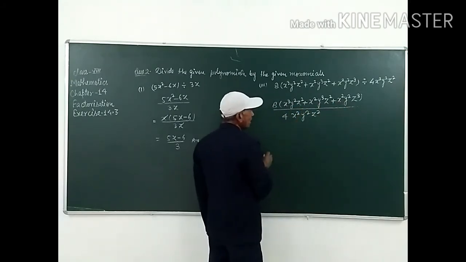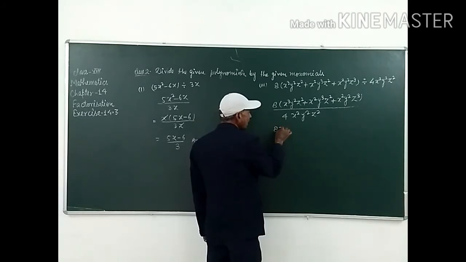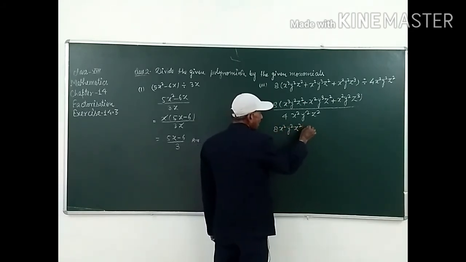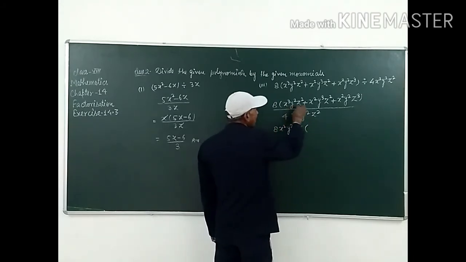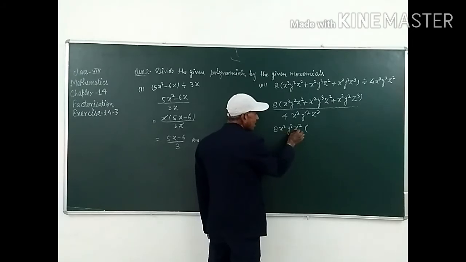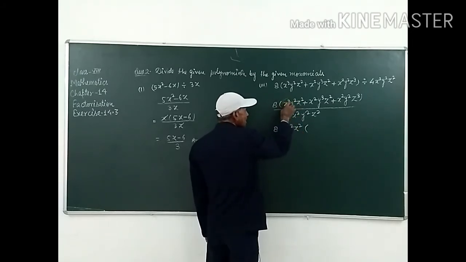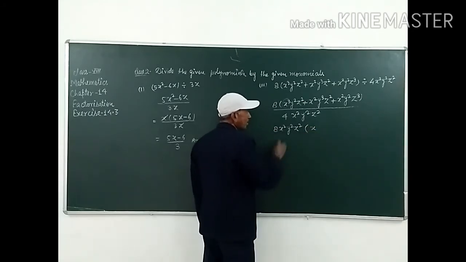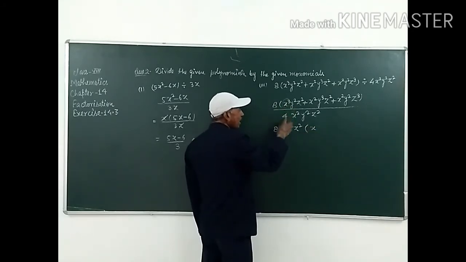So we have to take common 8 x square y square z square, and the remaining part will be, if we have taken x square y square z square common, then in this part only x will remain here, student, because x is 3 times here and we have taken common 2 times.